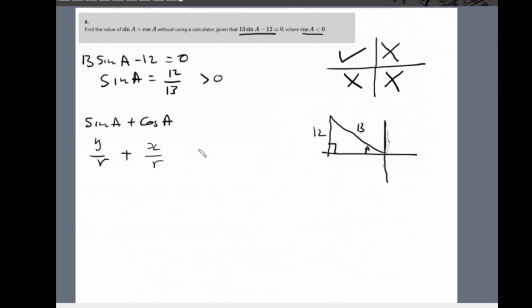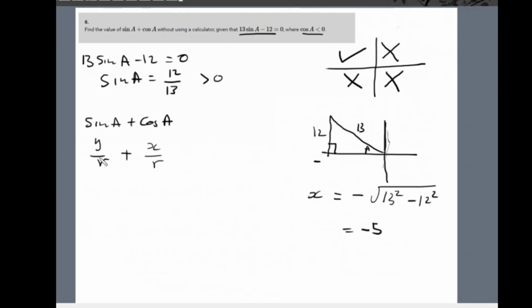We know the value of y is 12, the value of r is 13, we don't know the value of x. To calculate x, we use the theorem of Pythagoras again. We are in the negative x-axis, so our square root will be negative. So x is the negative square root of 13 squared minus 12 squared, which is equal to 5. So x is equal to minus 5.